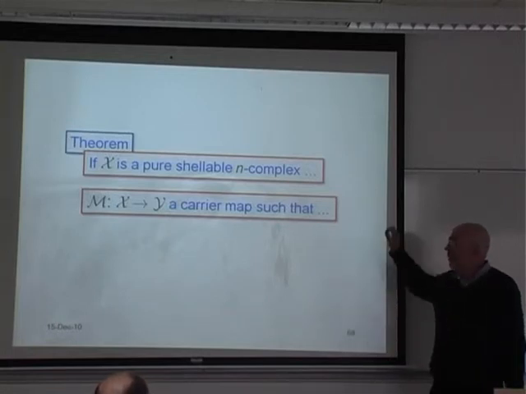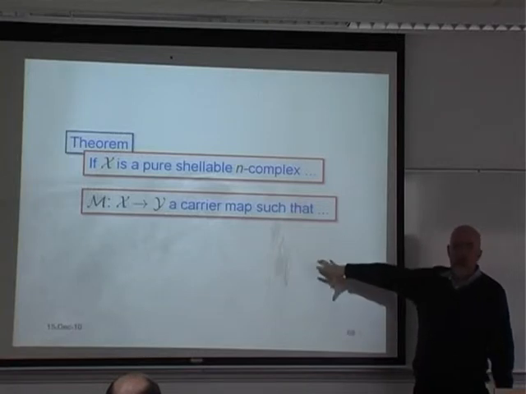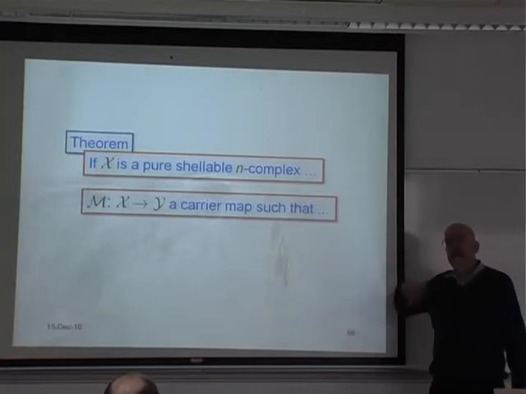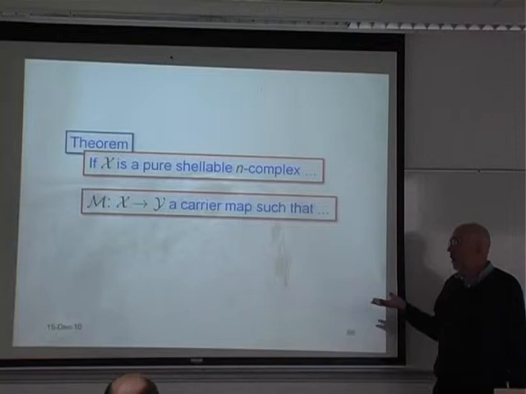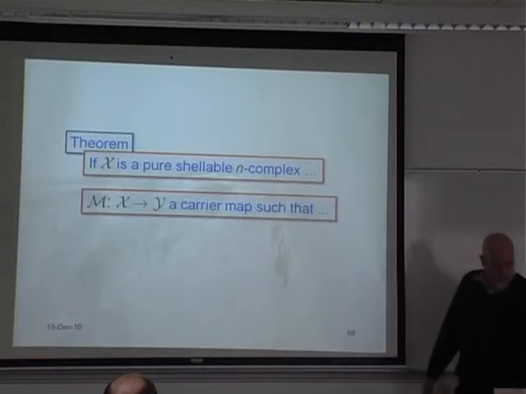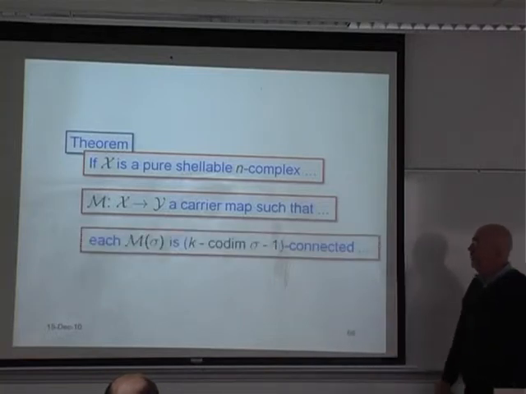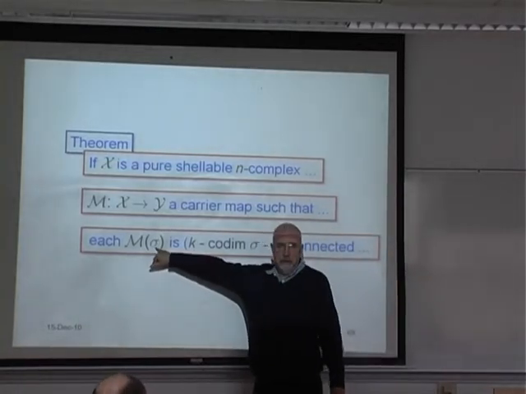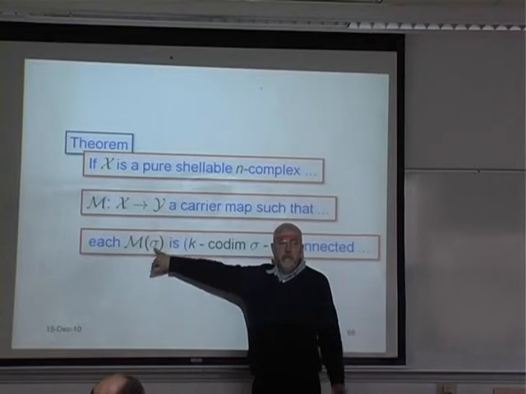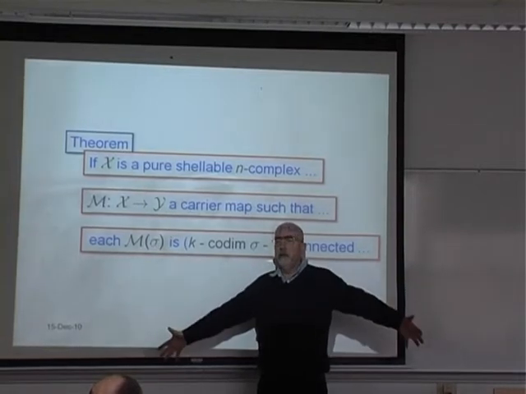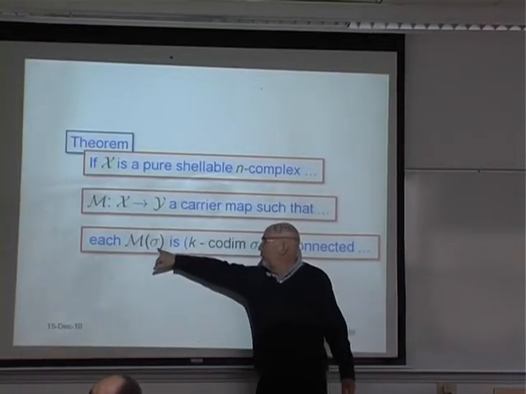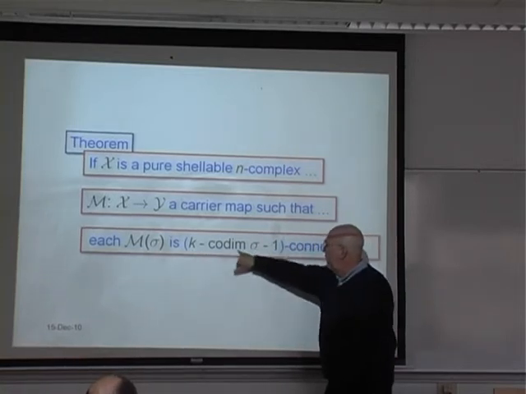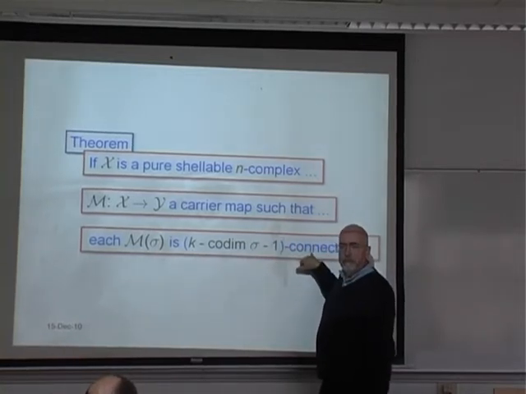But here I'm going to prove the theorem in all its abstract glory, and then explain how this applies to actual models. So here we have a carrier map that has a local property. It says that for every simplex sigma, the image of what it means to run the protocol for 1 round is k minus codimension of sigma minus 1 connected.